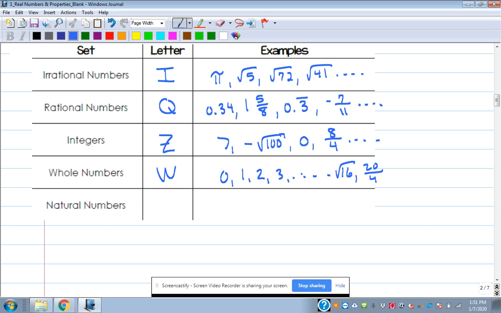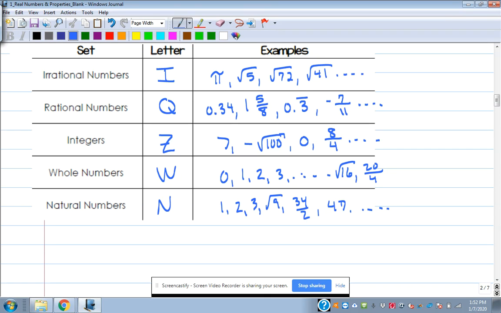So when you're inside of the natural numbers bucket, which is the very smallest bucket, you've got the numbers 1, 2, 3, technically square root of 9, 34 over 2, 47, just random examples of natural numbers.